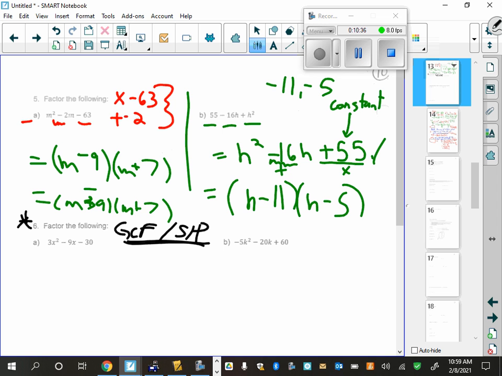So star this, it's a new section. And the first step is always GCF. So this one, take a 3 out.